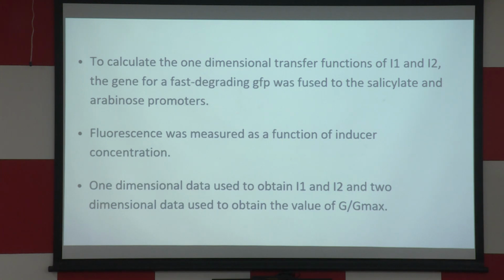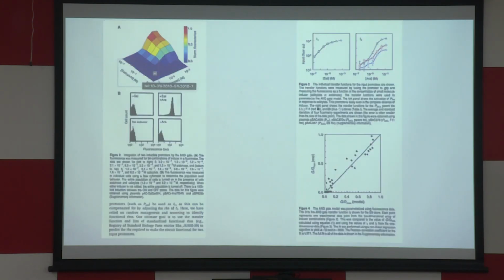For the two-dimensional data they used it to calculate the G by Gmax value. With the help of the data, they plotted these two graphs. Here, the first one shows the salicylate and arabinose concentrations.